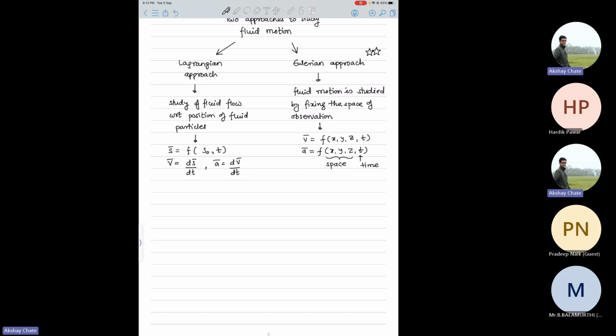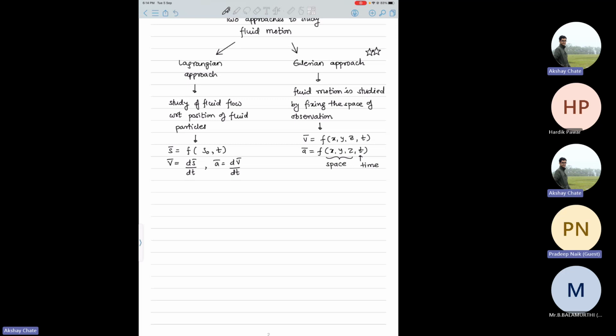So this is the basis of it. Sir, I understand that in the Lagrangian approach one particular fluid particle is followed, like we study the travel of a particle throughout its journey. But in the Eulerian approach, a particular particle is not followed. Whatever particles come to a particular position, we study their properties at that position only.